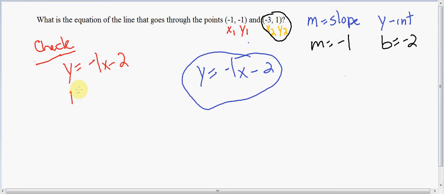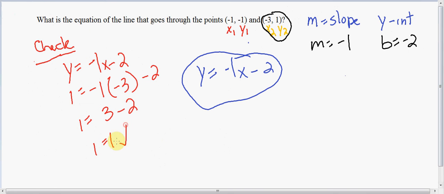So 1 goes in for y, put in the negative 3 for x, minus 2, do the math. This gives us positive 3 minus 2, and we get 1 equals 1, which checks out. So since both of our points fit into the equation of the line that we came up with, that means that this equation is very good to go. We have the correct equation there.